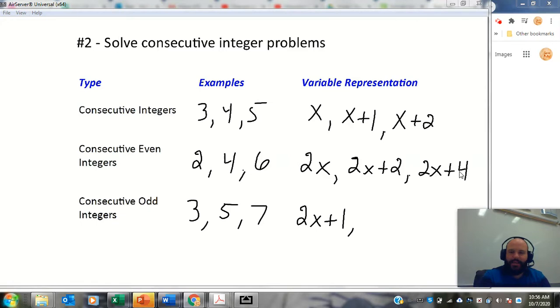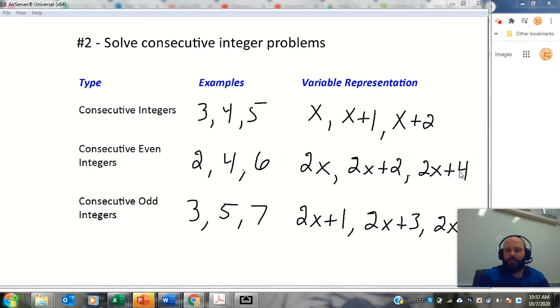As an example, if I put the number 3 in right here, 2 times 3 is 6, 6 plus 1 is 7. So this whole expression gave us an odd number. Now, after that first odd number, the next one appears 2 more spaces past it. So the next expression is 2x plus 3, and then 2x plus 5.